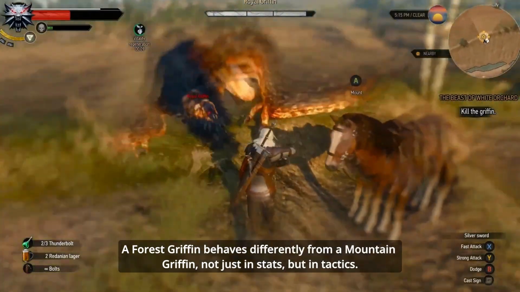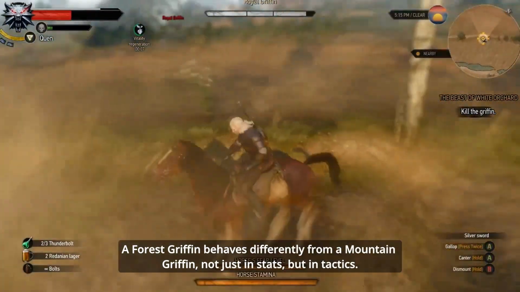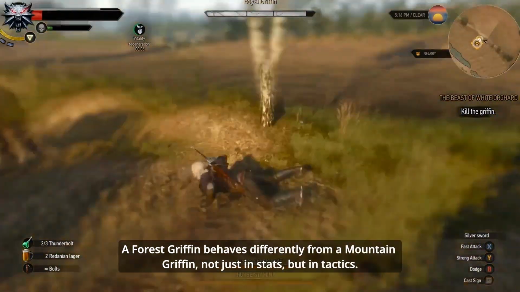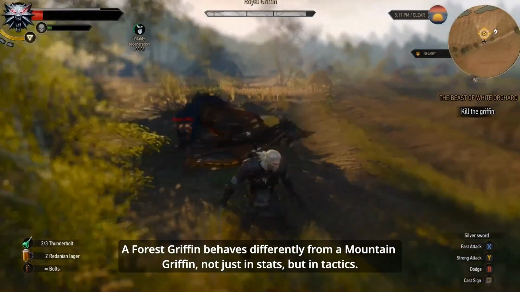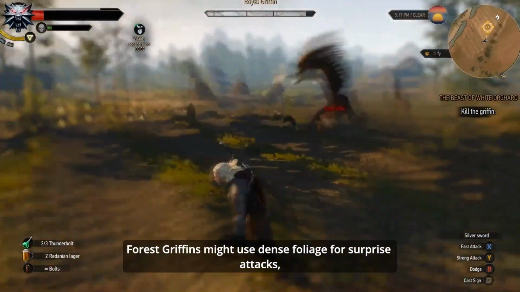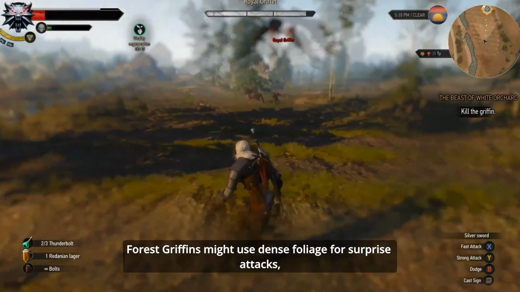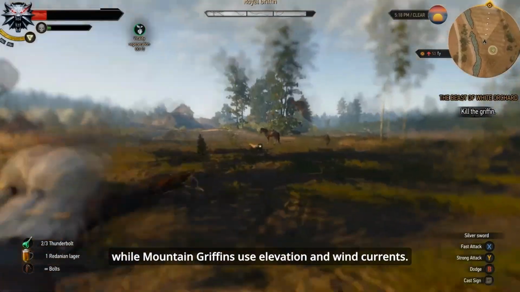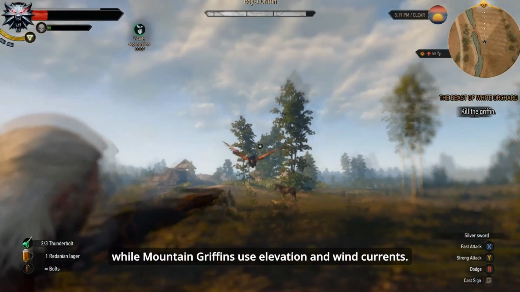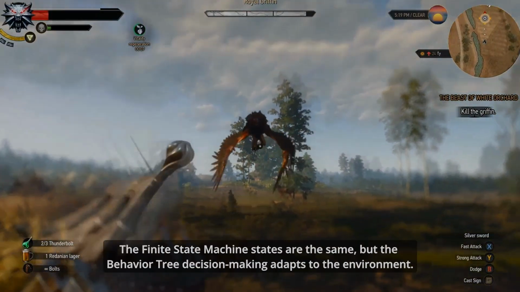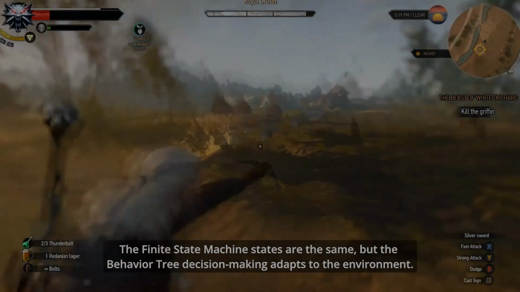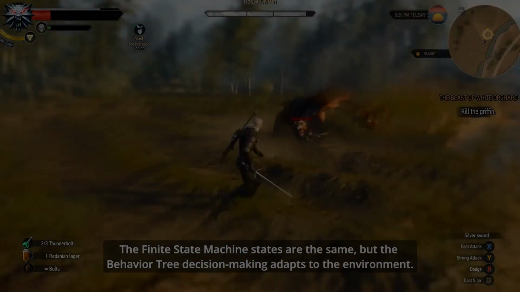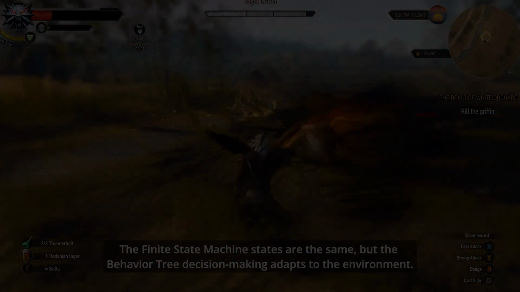A forest griffin behaves differently from a mountain griffin, not just in stats, but in tactics. Forest griffins might use dense foliage for surprise attacks, while mountain griffins use elevation and wind currents. The finite state machine states are the same, but the behavior tree decision making adapts to the environment.